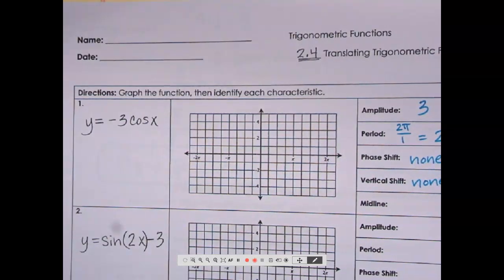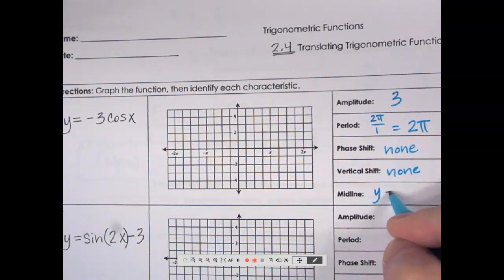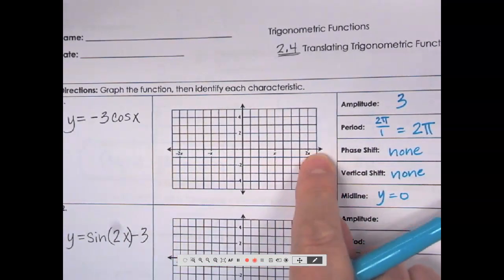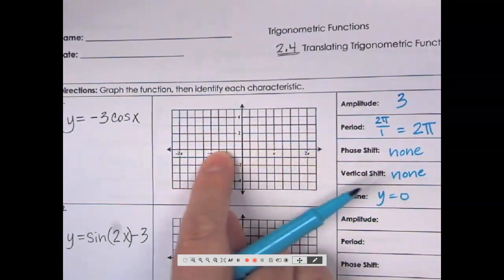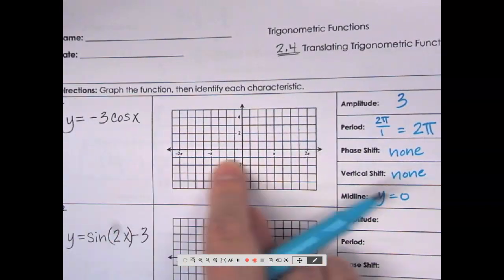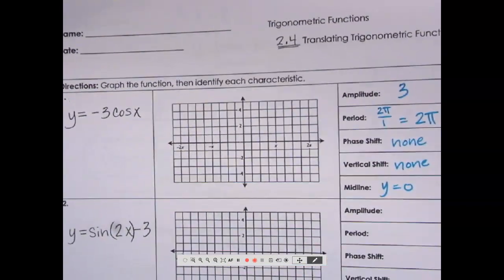If it's not shifting up or down, the midline is on the x-axis. What's the equation for the x-axis? Y equals 0. Doesn't that seem backwards? But you think of any ordered pair on the x-axis, it has different x values, but all the y's are 0. Okay, so y equals 0.